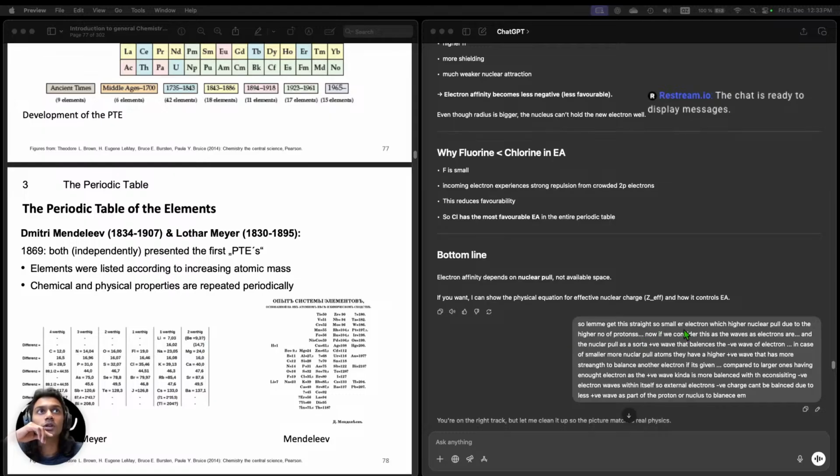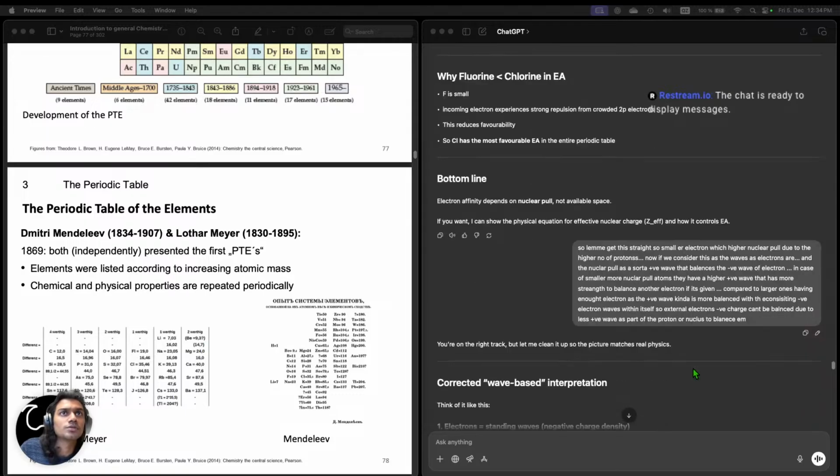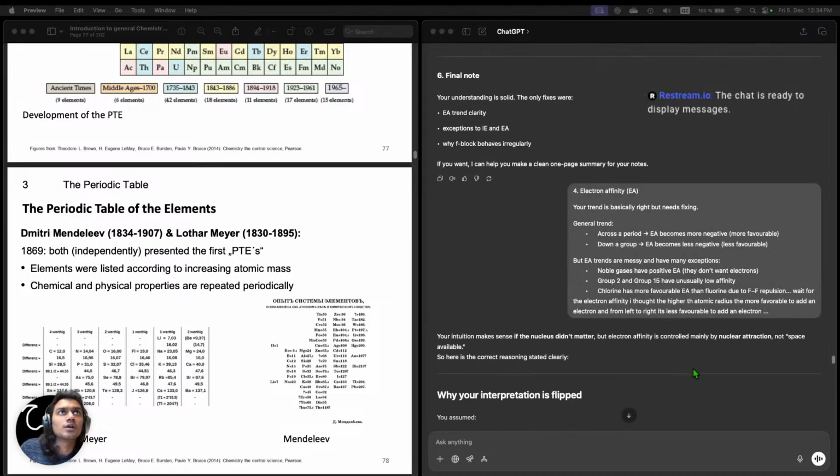Smaller atoms have higher nuclear pull due to a higher number of protons. If we consider electrons as a wave, the nuclear pull is a sort of positive wave that balances the negative wave of electrons. In smaller atoms with higher nuclear pull, the positive wave has more strength to balance another electron if it's given, compared to electron affinity.